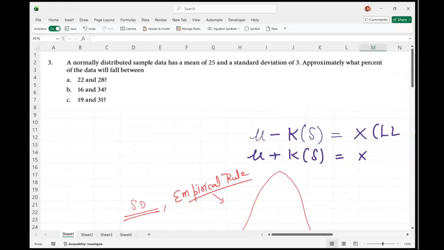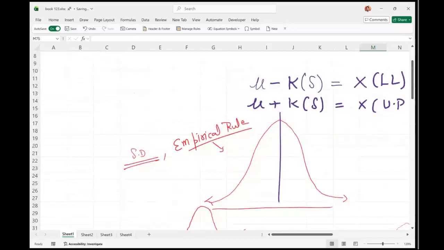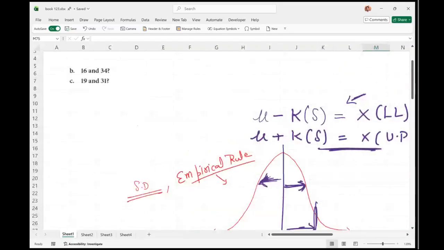This is the lower limit and this is the upper limit. What is the difference between lower limit and upper limit? If you are on the left-hand side of the mean value, then you will use this one because you are subtracting from the mean. If you are on the higher side of the mean, then you will use this one because you are going for a bigger value than the mean value.